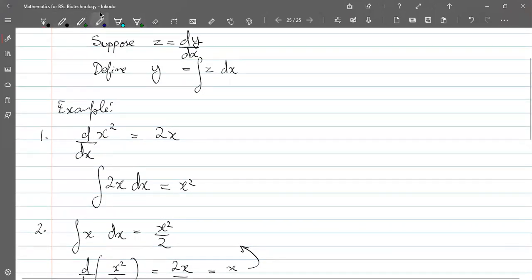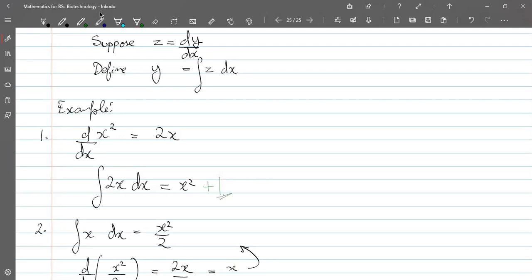I claim that this answer could very well be x square plus 1. Is that correct? Integration of 2x, antiderivative of 2x is x square plus 1. Instead of asking if that is correct, I'll ask whether that's wrong.